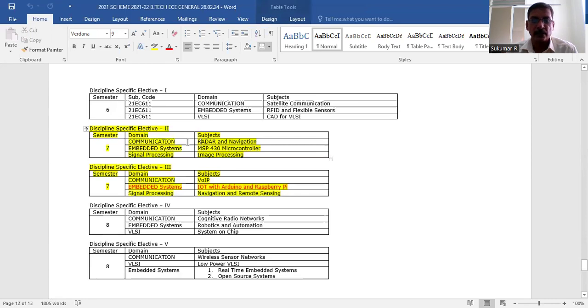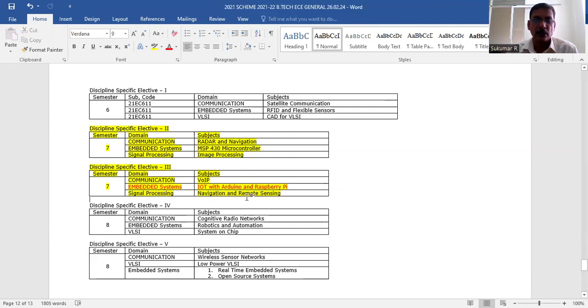So those who are interested in communication domain, they can go with radar and navigation in the discipline specific elective 2. Similarly, in the next elective, they can go with voice over IP. Similarly, for embedded system also, MSP 430 microcontroller and IoT we have given. And those who are interested in signal processing, they can choose image processing here and navigation and remote sensing here.